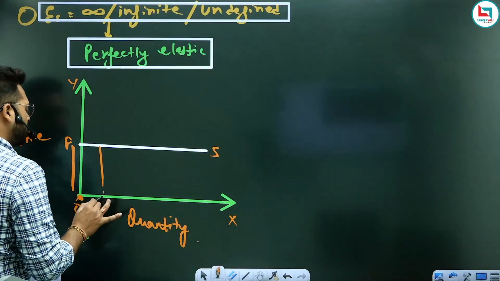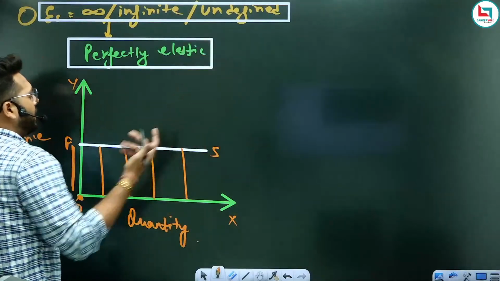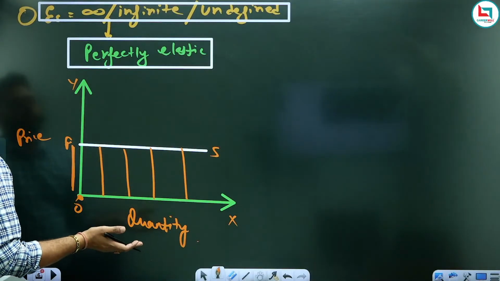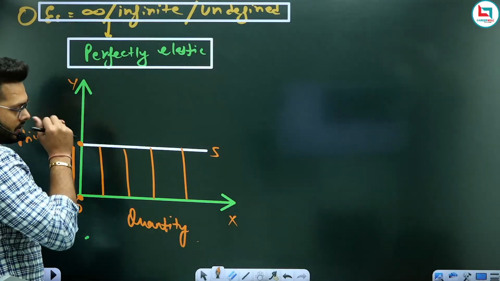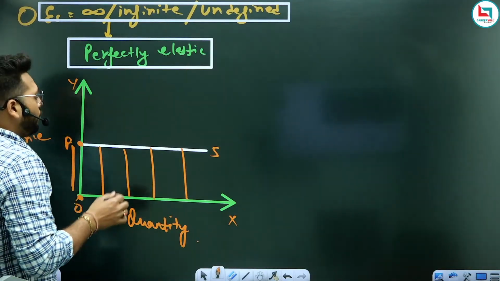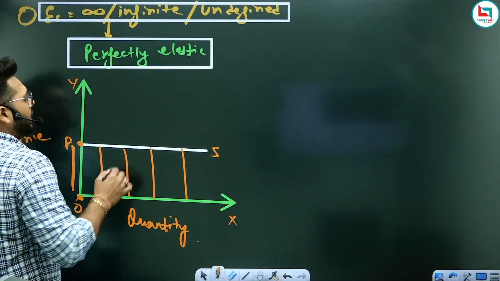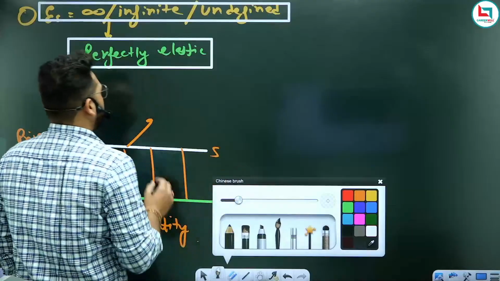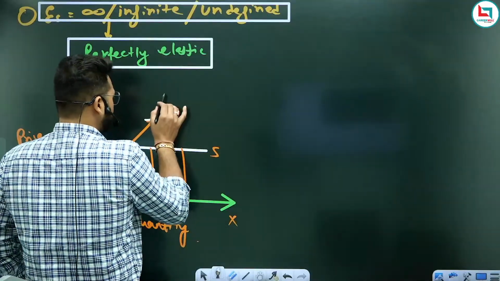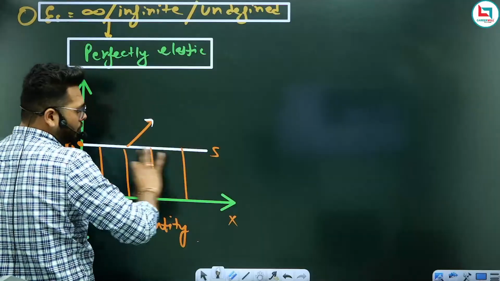You can supply this much also, this much also, and how much you will supply is not defined, because the price is totally constant at that place, right? So what is the shape of the supply curve you are getting? The shape of the supply curve will be horizontal to the x-axis.